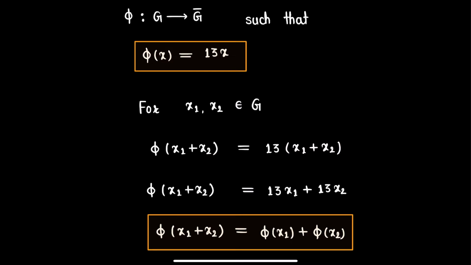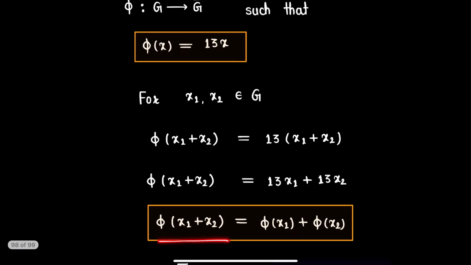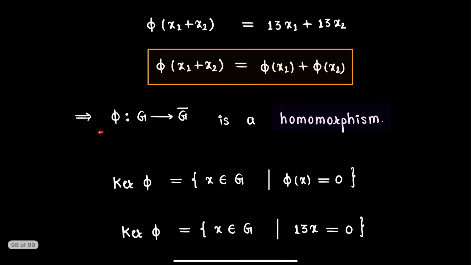Now this implies phi of x1 plus x2 is equal to 13 multiplied by x1 plus 13 multiplied by x2, and therefore we get phi of x1 plus x2 is equal to phi of x1 plus phi of x2, and therefore phi from group G to group G bar is a homomorphism.